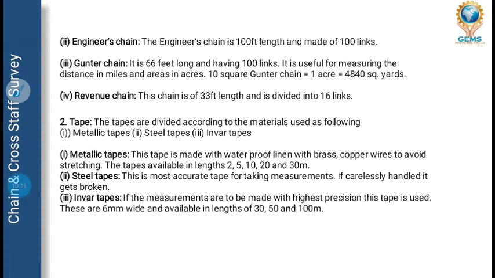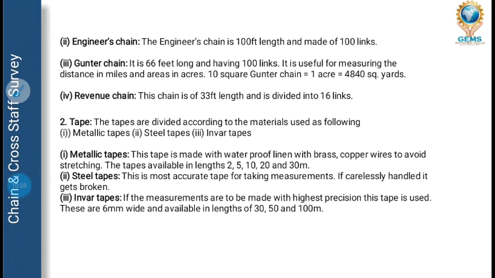Next is steel tape. This is one of the most accurate types of measurement. When you don't handle it carefully, it breaks, so it is very important that you handle steel tape with care. Next is invar tape. It is also very important and has the highest precision, meaning it finds very accurate distance.